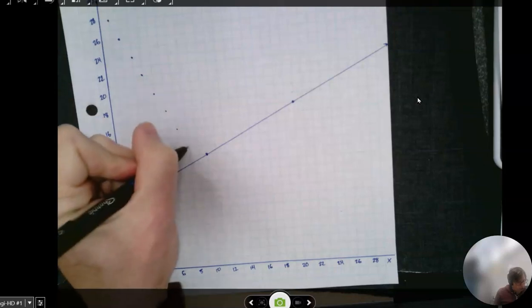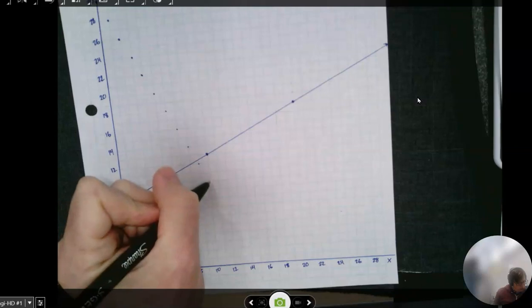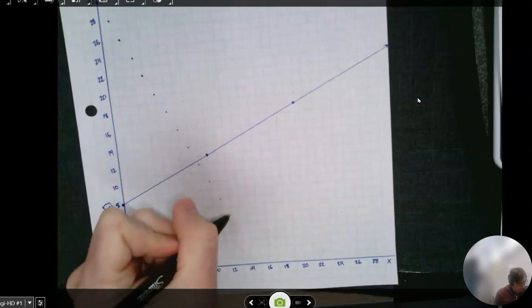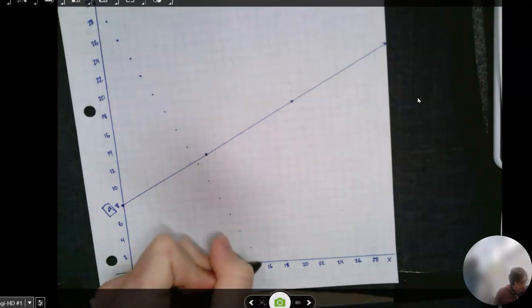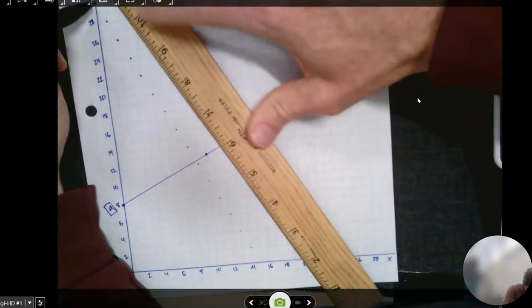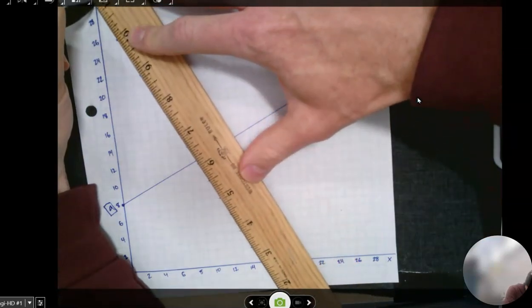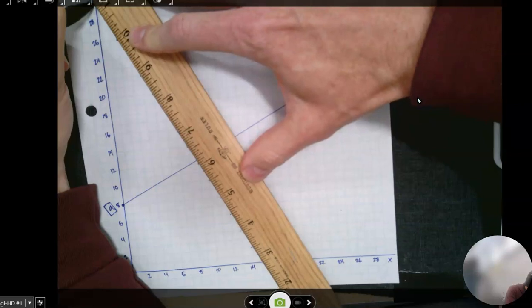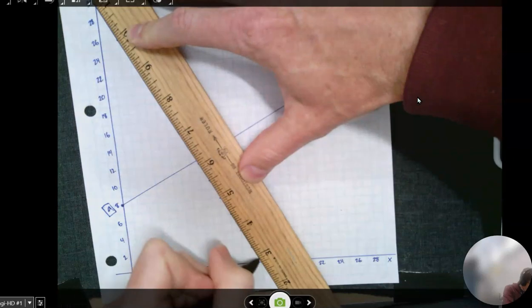Your line will be much more precise if you connect the furthest dots. So I'm putting in as many as I can here before I connect the dots. Excellent. Push your pen down, line that up with the very end. There we are.